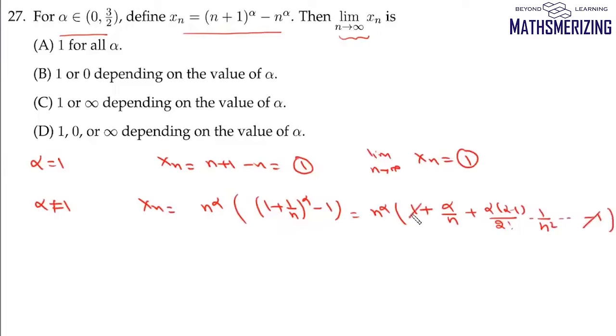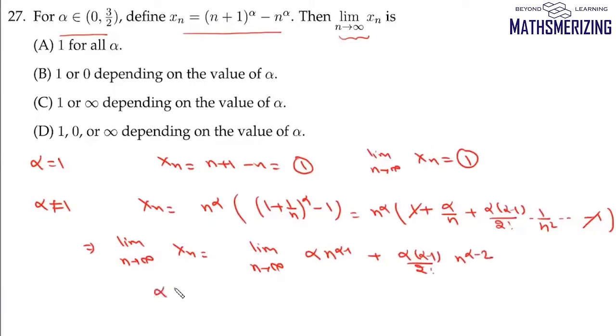Now this 1 and 1 will cancel. So we can write limit n tends to infinity xn as limit n tends to infinity alpha into n to the power alpha minus 1 plus alpha into alpha minus 1 upon factorial 2 n to the power alpha minus 2.